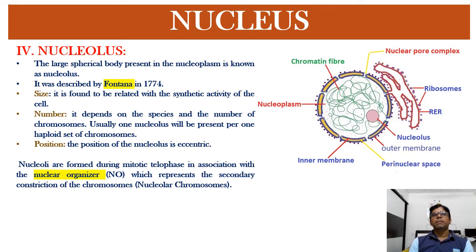The nuclear organizer consists of genes for 18S, 5.8S, and 28S RNAs.